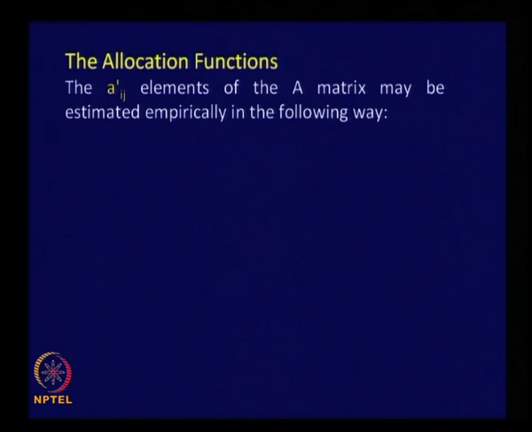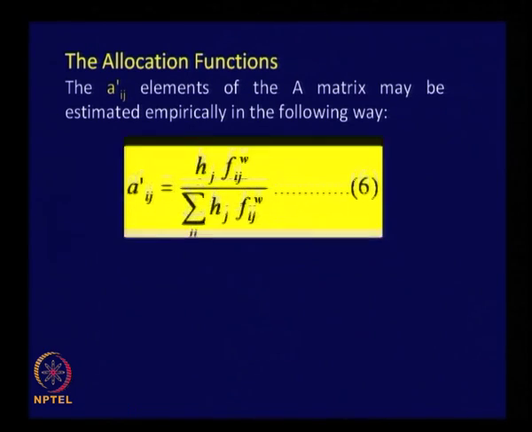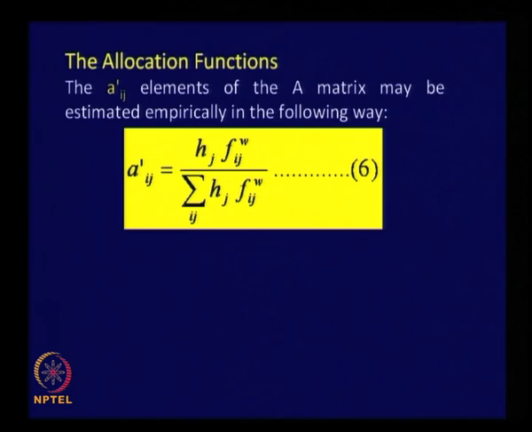In that context, let us look at these allocation functions. The A dash I j elements of A matrix may be estimated empirically in the following way. I have already shown this equation in the previous class itself, is not it?